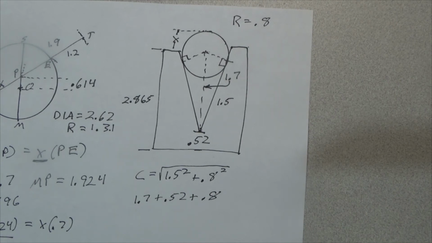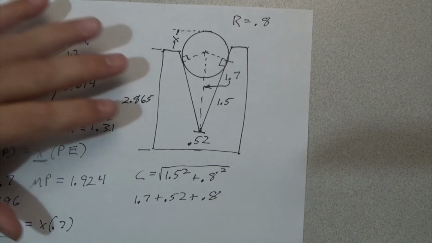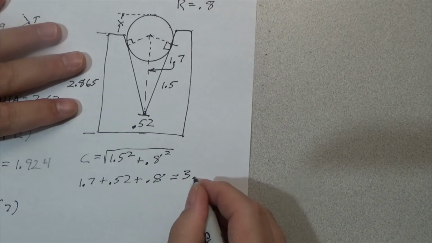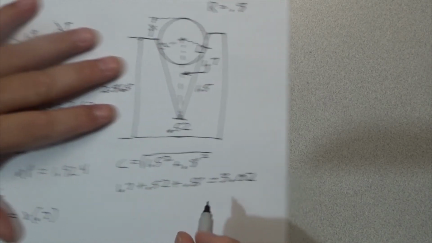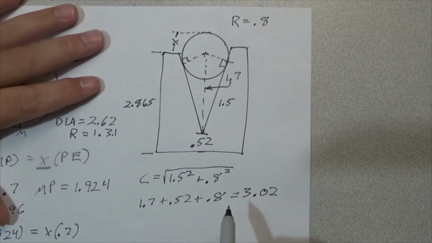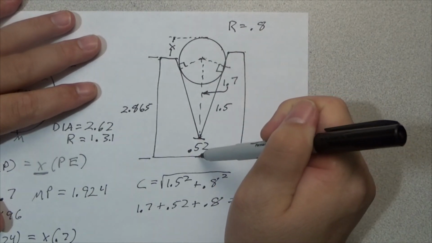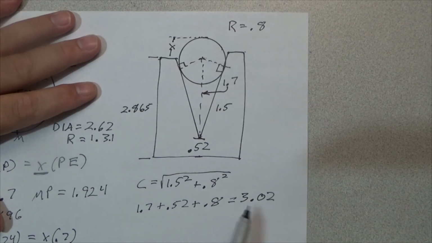There's already enough stuff in there. 3.02. So the distance from here to here is 3.02.